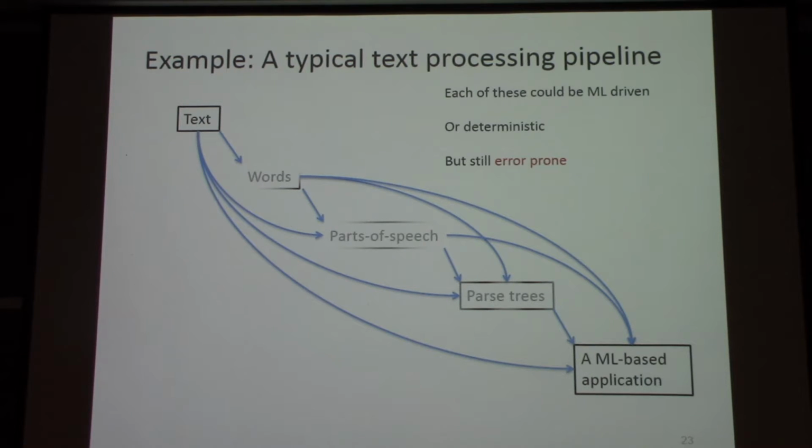Unfortunately, all of these could be ML driven. They could be deterministic, but almost certainly, many of these things are going to be error prone. So really, what I'm thinking of when I say error analysis is: how much does each of these pre-processing steps contribute to the error of the final output?